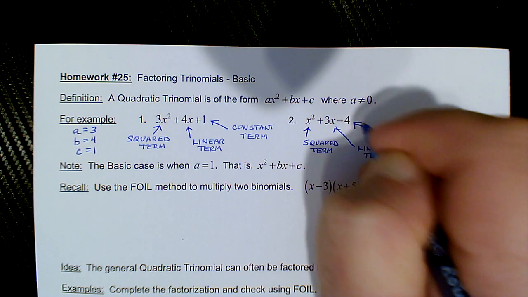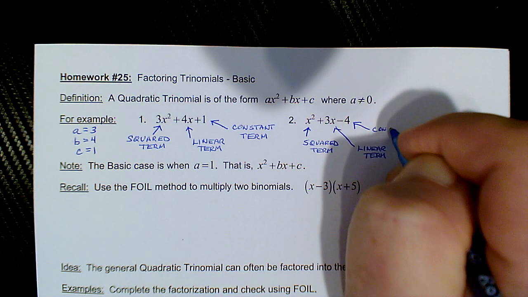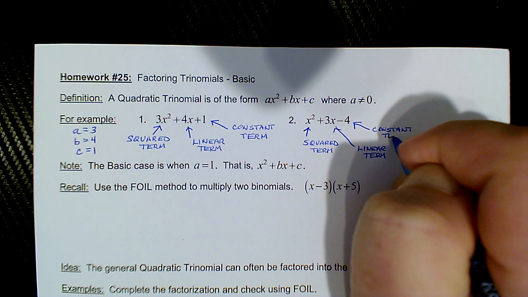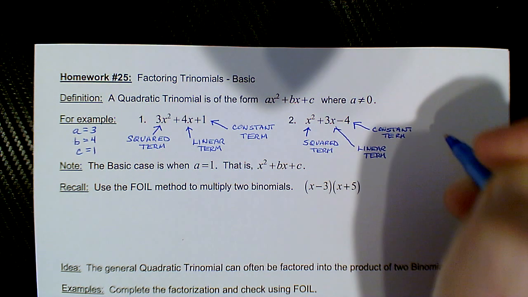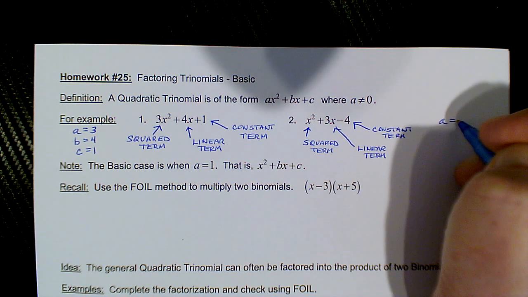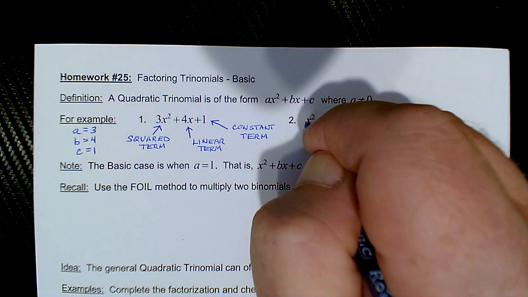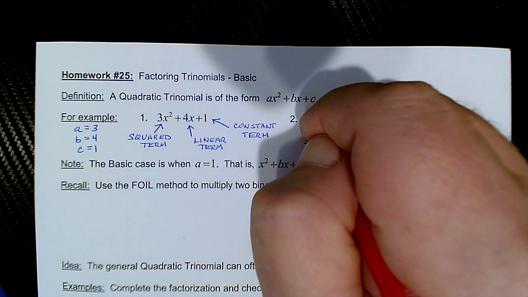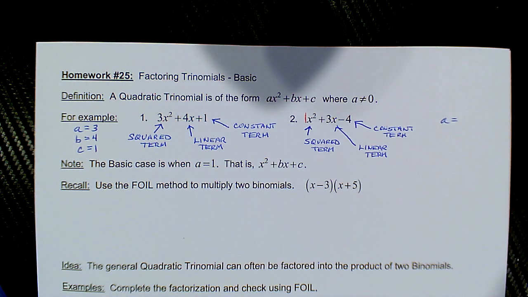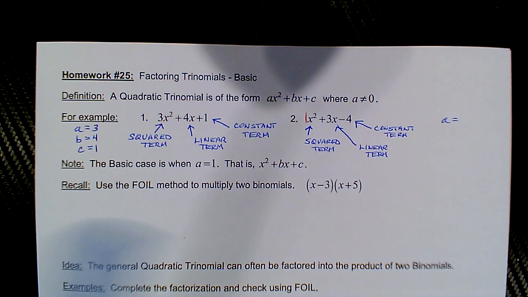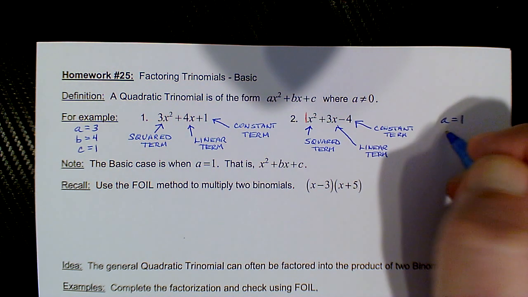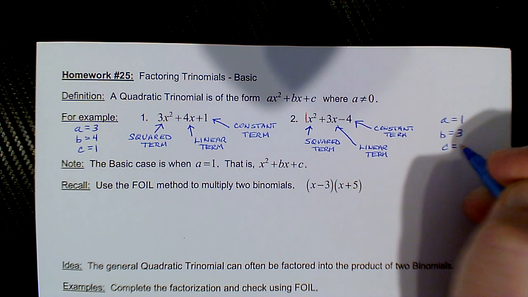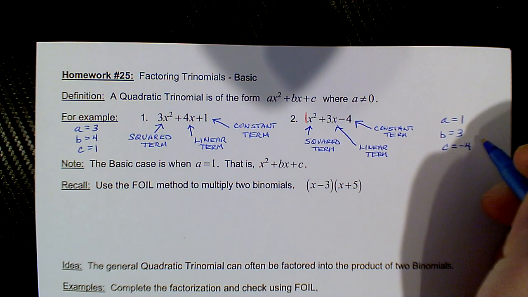And the number itself, the negative 4 in this case, represents our constant term. And once again, you could define a as the coefficient of the x squared term, and in that case it's equal to 1, because it's understood. And b is 3, and c would be negative 4.